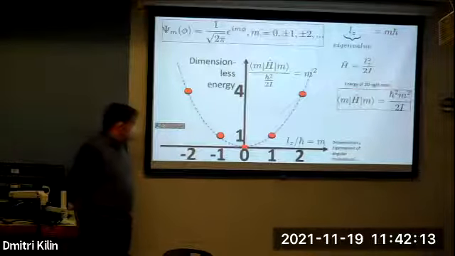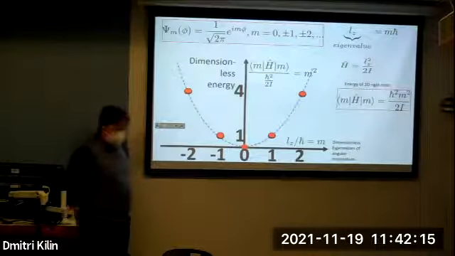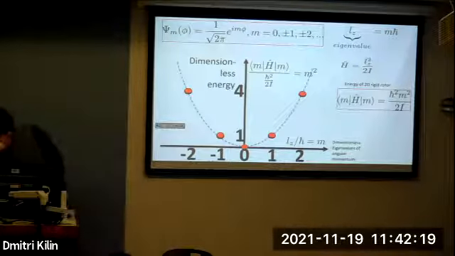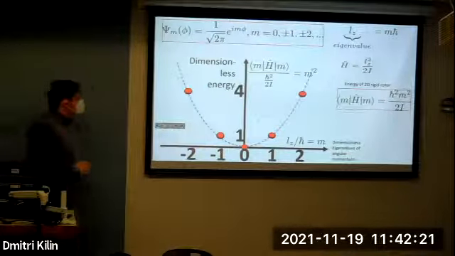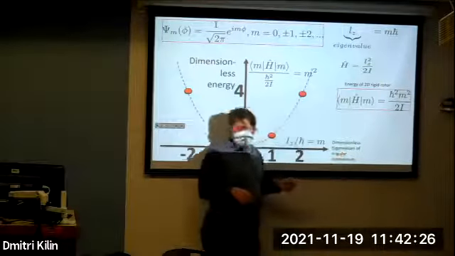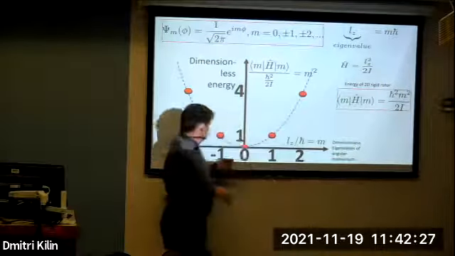So let's make an attempt to connect these things to real life. Here are our dimensionless values of angular momentum: 0, plus minus 1, plus minus 2, and so forth.